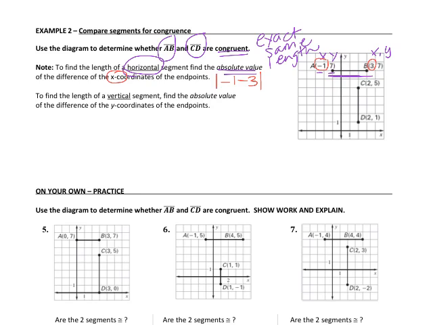An absolute value is a distance. It is never negative. So it has to be positive. So your value that you're going to get out of this answer will never ever be negative. Well, if we take -1 minus 3, that equals -4. However, we cannot leave it as a negative number, so we're just going to say that the segment AB is 4 in terms of its length. No length is ever negative. If it's actually there, then you can't say that it's a negative value.